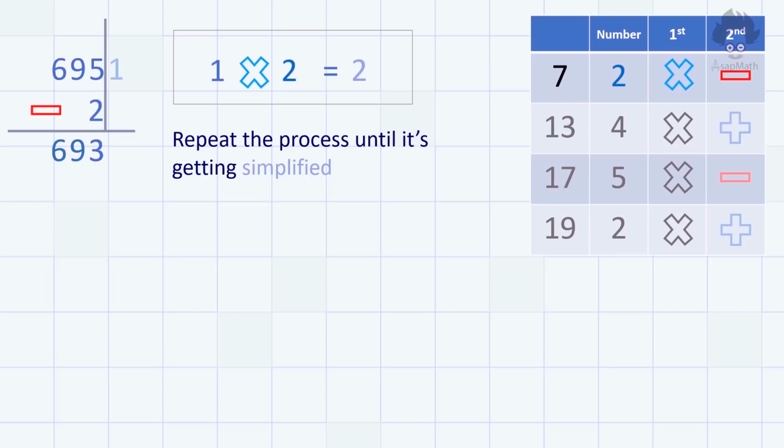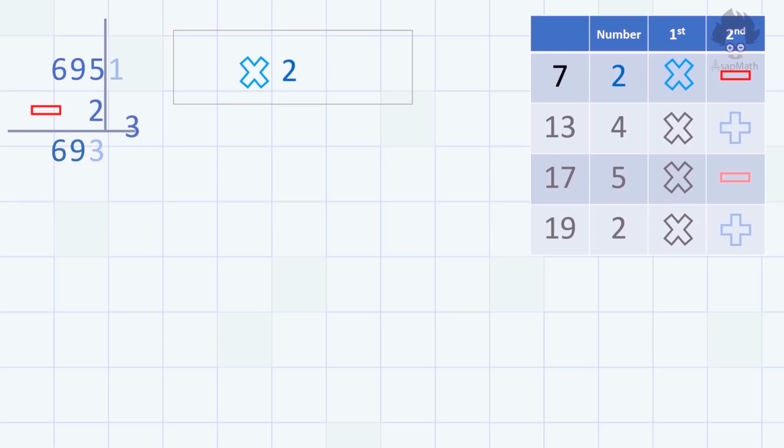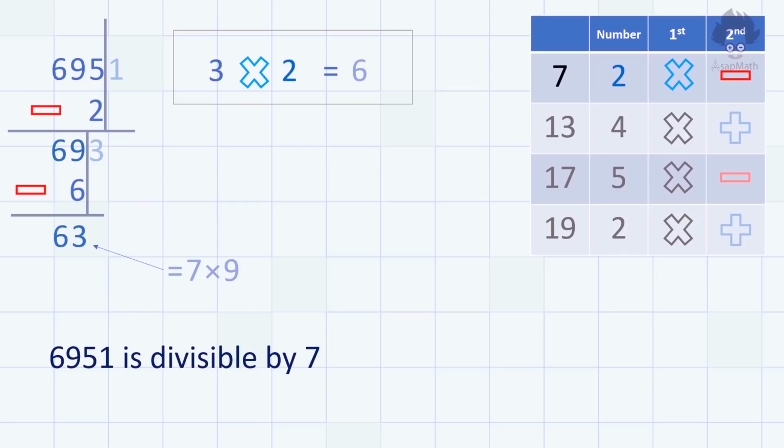Then the process is again repeated. Now the last digit is 3. It is multiplied by 2. Answer is 6. When 6 is subtracted, the answer is 63. It is divisible by 7. Then the whole number is divisible by 7.